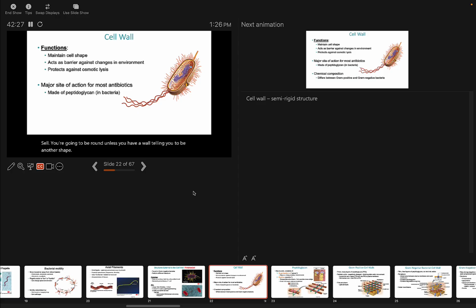Because most bacteria have a cell wall, and we do not, the cell wall is, I would say, not even arguably, the most common choice for developing new antibiotics or modifying antibiotics to make them more effective, because we don't have one.